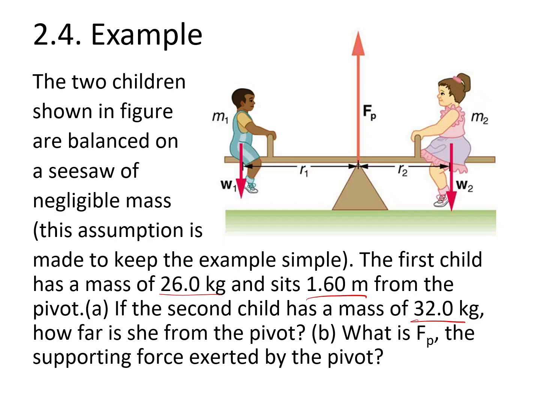The second child is heavier, so she should sit closer to the pivot than the lighter child. Since the first child sits 1.6 meters away, we should expect the second child's distance to be less than 1.6 meters. Now let us solve part A using torque equilibrium and part B using force equilibrium.